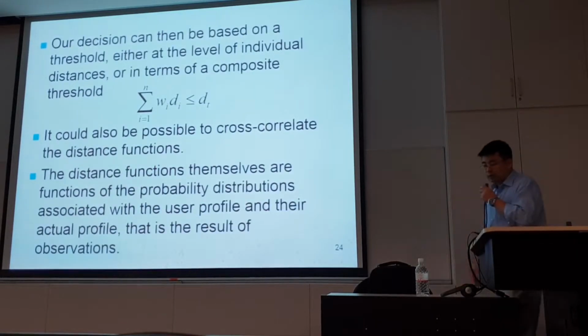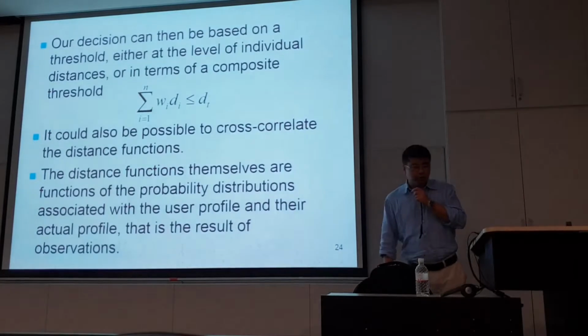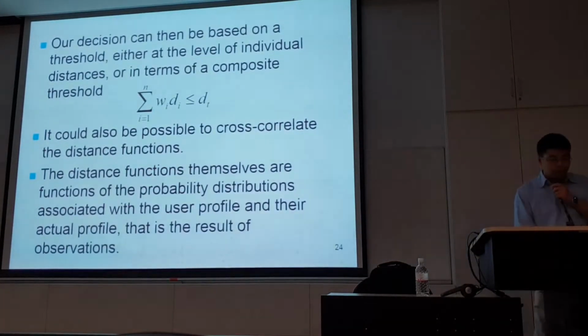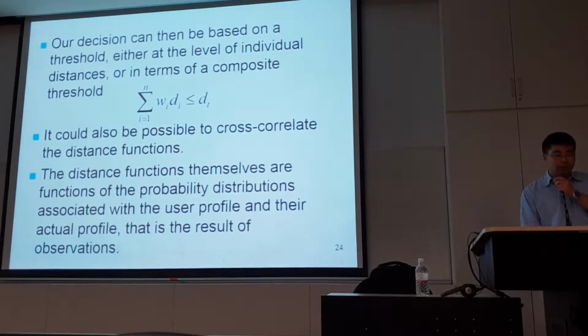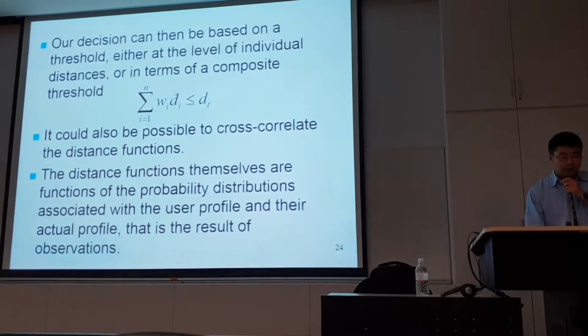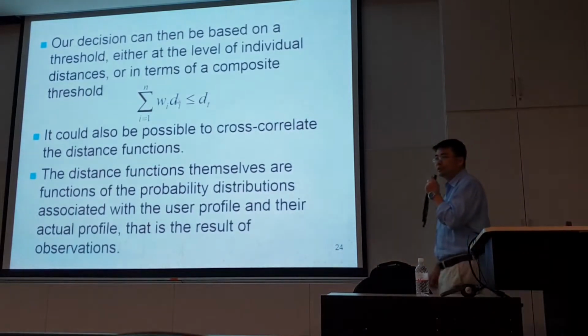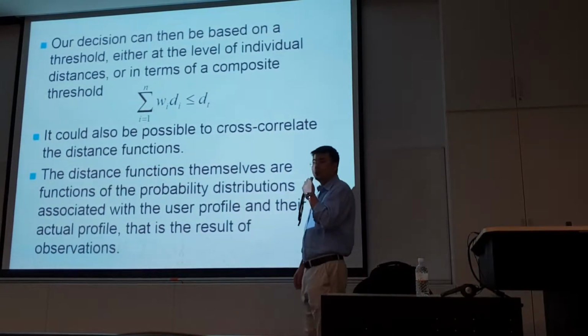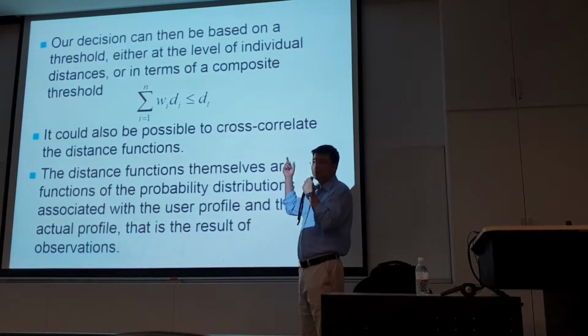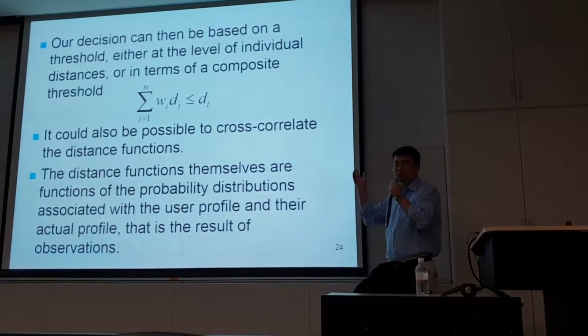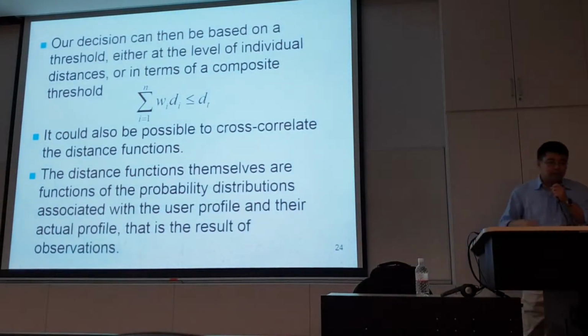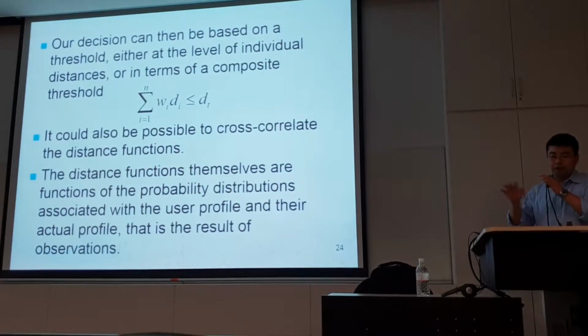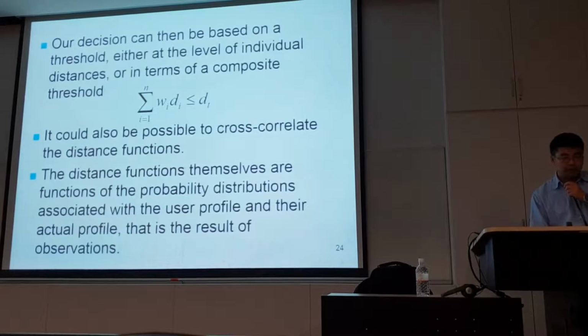To determine whether there is an intrusion or not, we may consider all the measurements together. Any question? Do you understand the previous slide, what is going on, right? Once you define the base profile and you collect the current activities, then you can measure the distance.